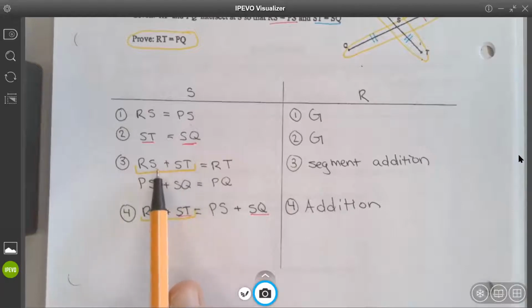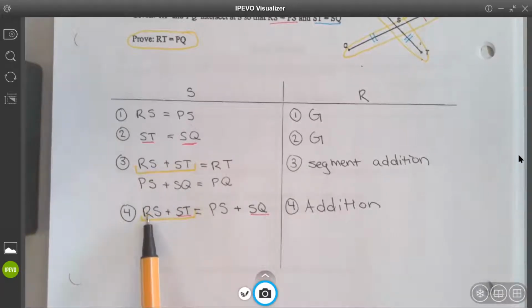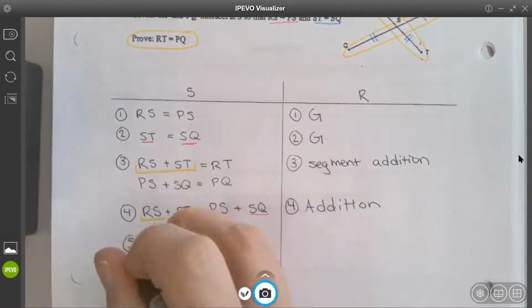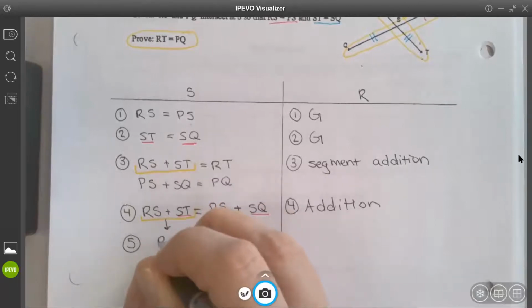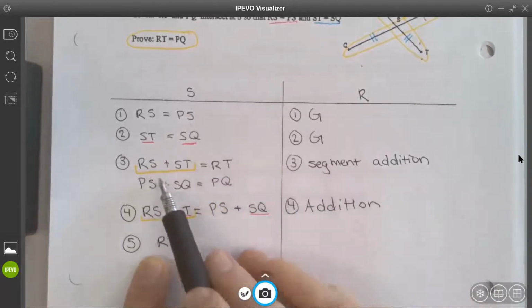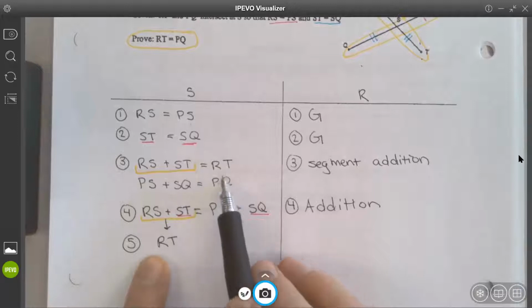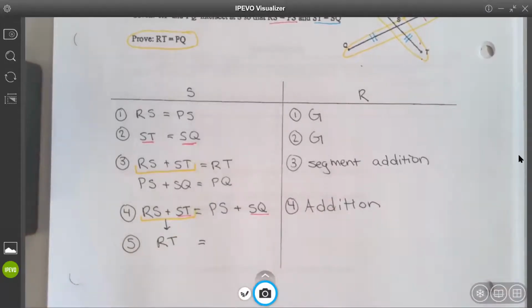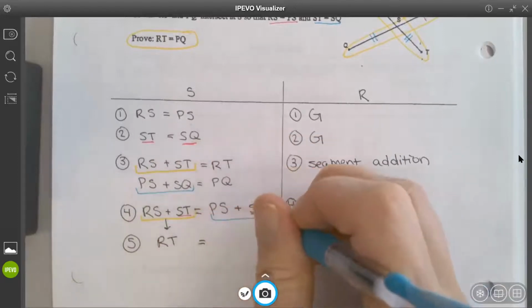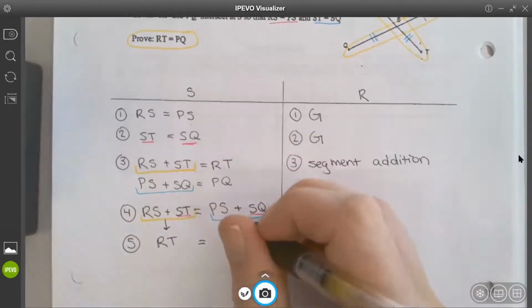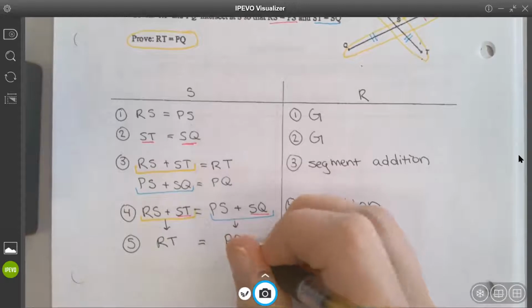I have ST and RS, ST and RS. So would you agree with me that I could substitute RT in its place? Because RS plus ST, yeah, I can. And over on the other side, I have PS and SQ, which I can substitute in PQ.